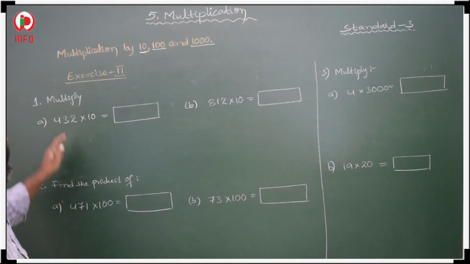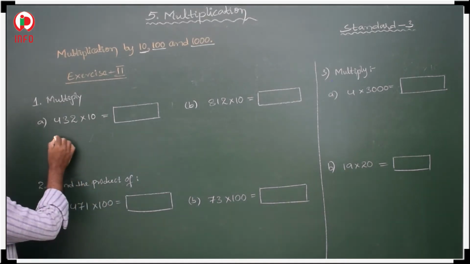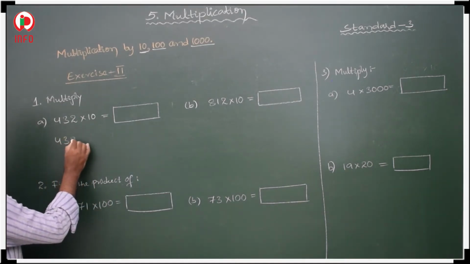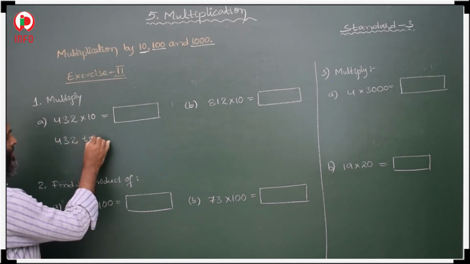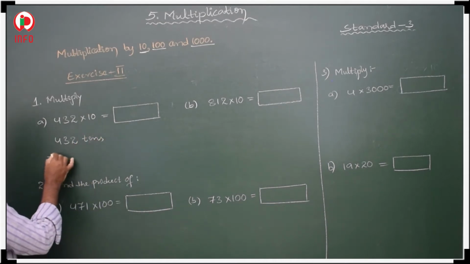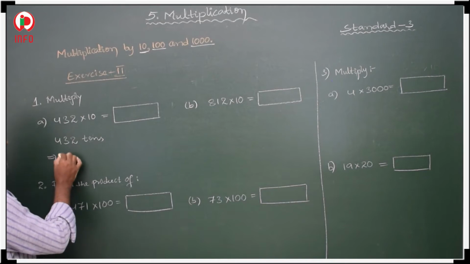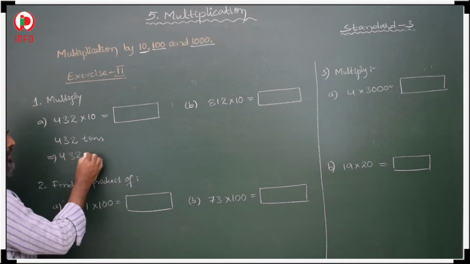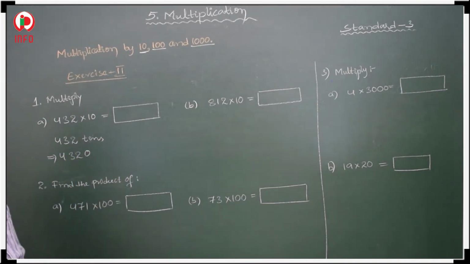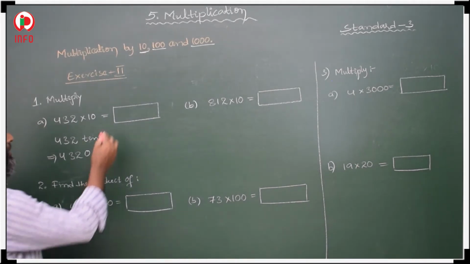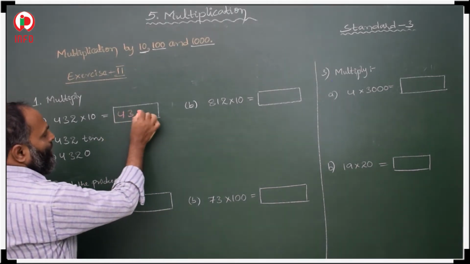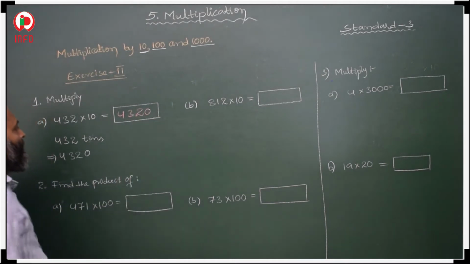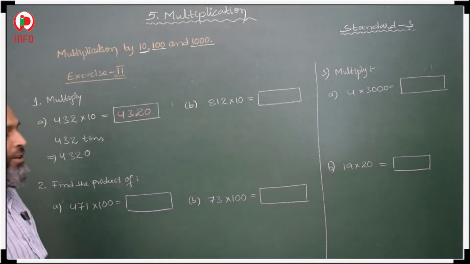Okay. Multiply 432 with 10. It means 432 tens. 432 tens means 1 zero we have to take in ones place. So what is our answer? 4320. 432 tens means 4320.